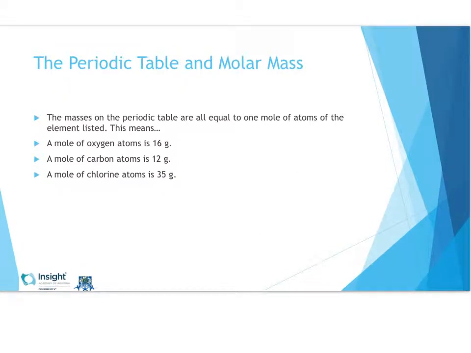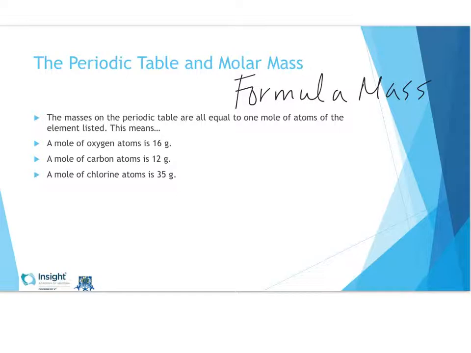Another thing that came up as being an issue for some people was molar mass or formula mass. So the masses on the periodic table, those atomic masses, tell you how many grams a mole of that element weighs. Okay, so if you had a mole of just oxygen atoms, it would weigh 16 grams.